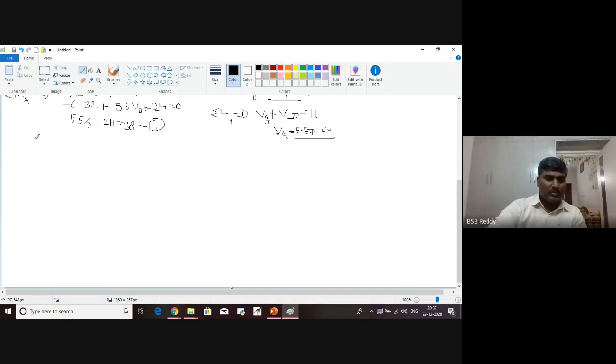Okay, so this is something like axis, and this is going to be VA value, and this is going to be H value. Right now this will be TAB, and this is theta AB.